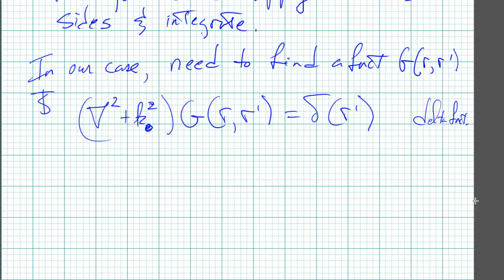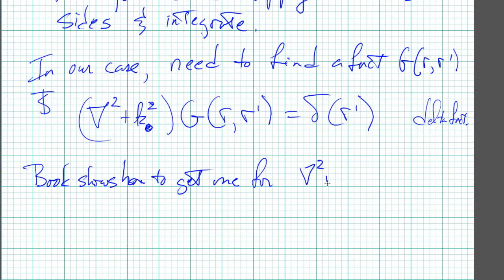The book shows you how to find one. In general, this is very difficult. But if you do have one, and for this particular case, you can get one. So I'm just going to put: shows how to get one for del squared plus k naught squared.